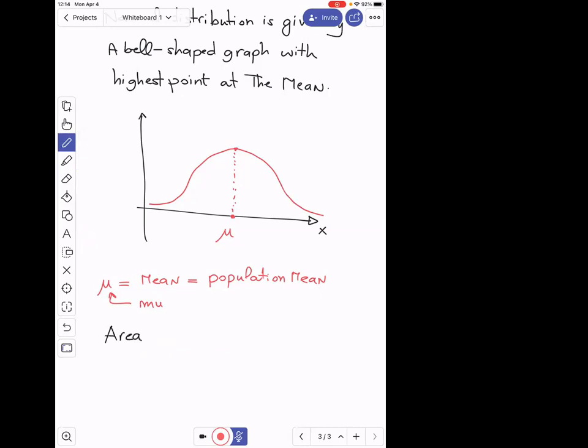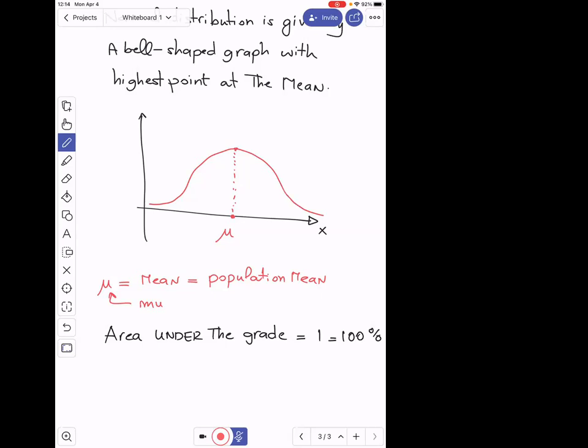And percent means division by 100. So when I say 100%, that's 100 over 100.